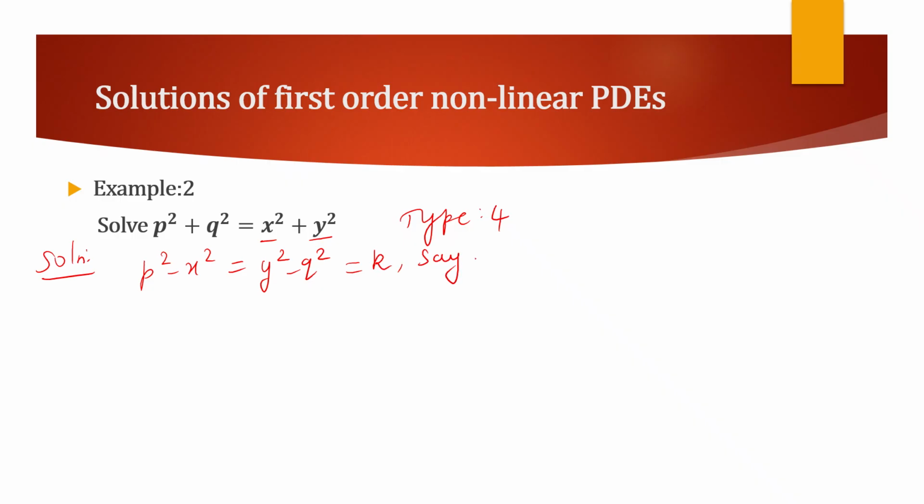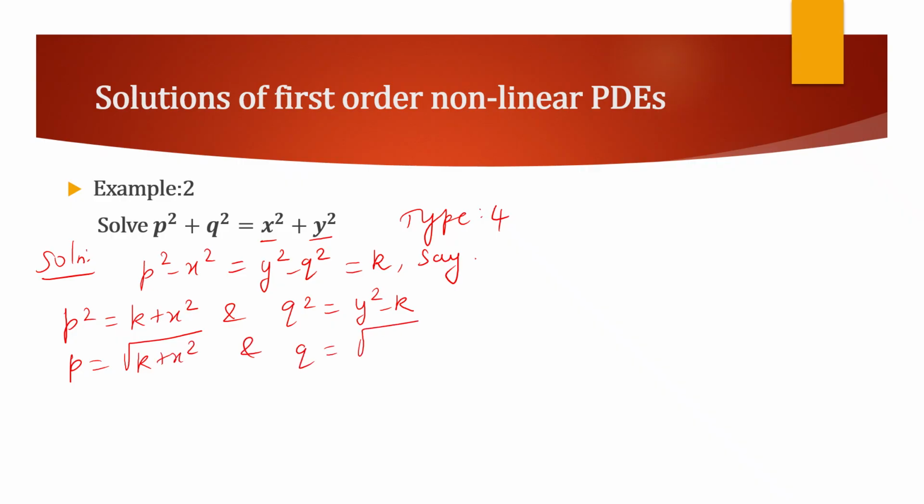So now from this we write p as a function of x, that is p square is nothing but k plus x square, and q square is equal to y square minus k. From this p is square root of k plus x square and q is square root of y square minus k.